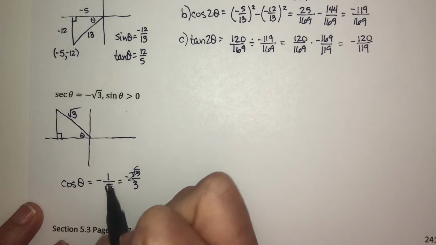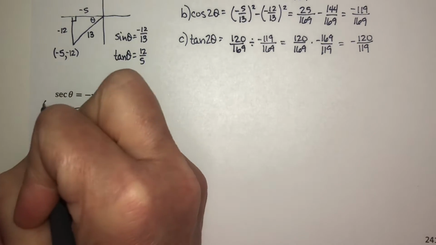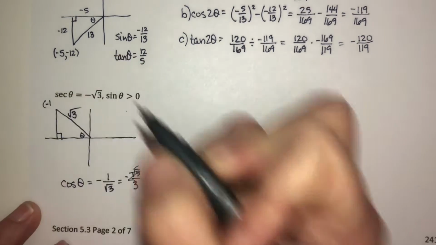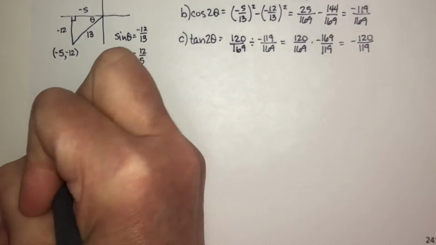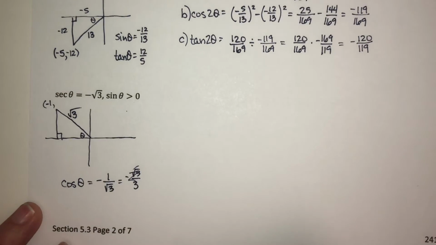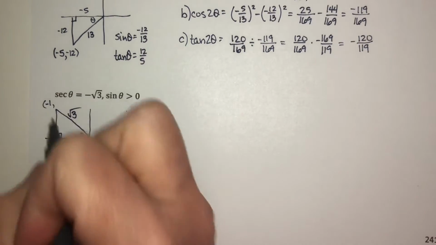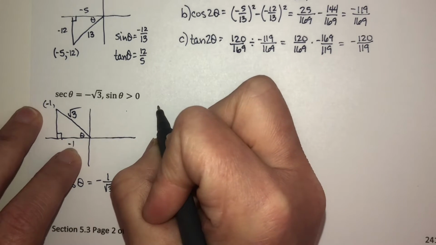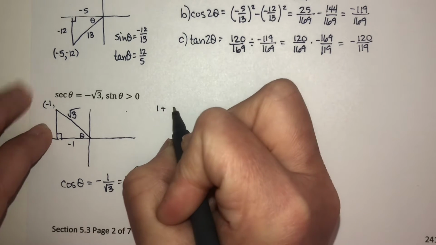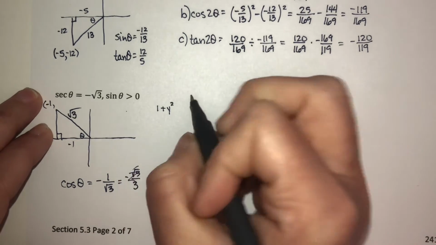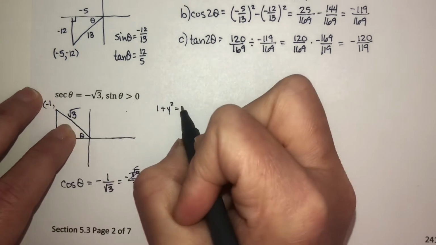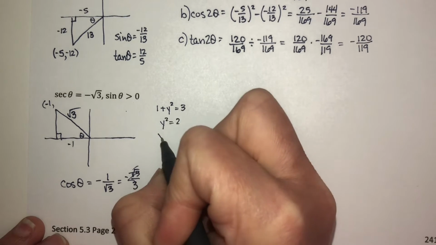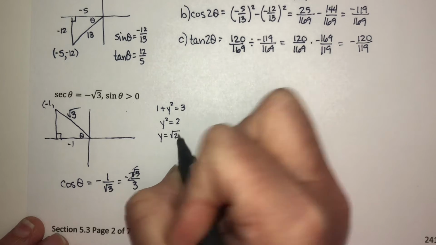So our x coordinate here would be negative 1. Now, with the Pythagorean theorem, I would have 1 squared plus y squared equals square root 3 squared. So y squared is 2, so y must be the square root of 2.